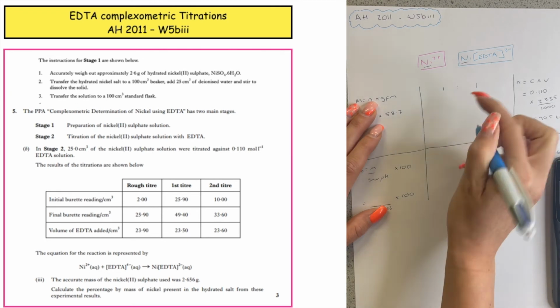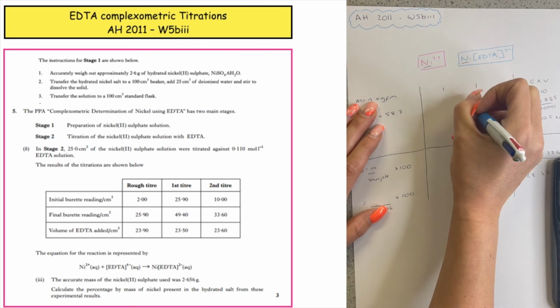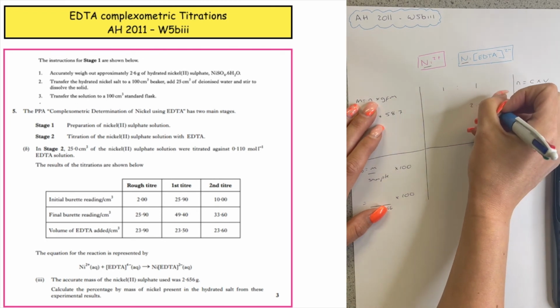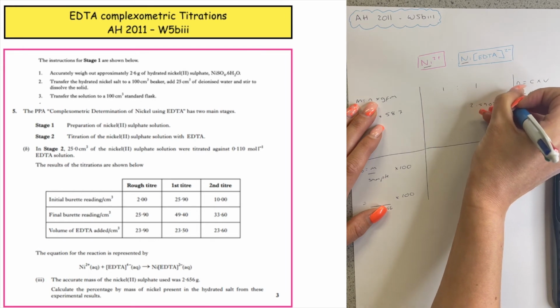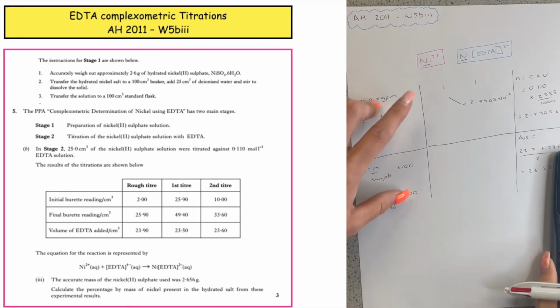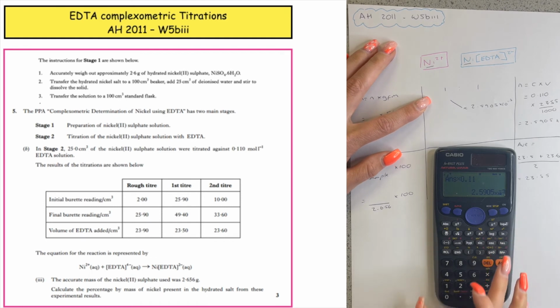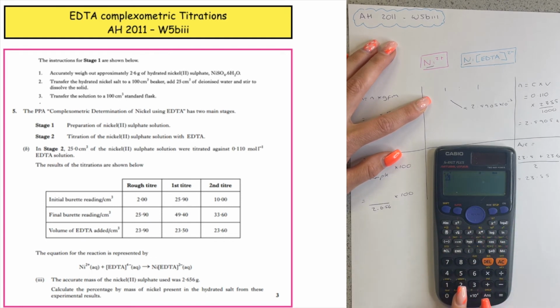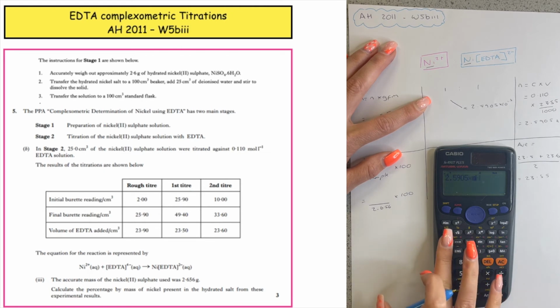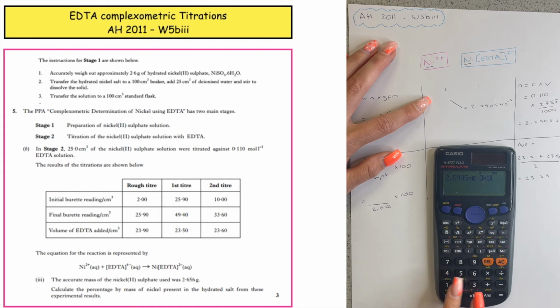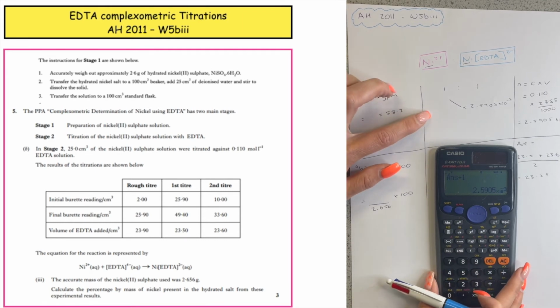This is the actual number of moles that reacted, so I need to put that in for my ratio. 2.5905 times 10 to the minus 3, cross multiply to scale for our nickel. So we would times by 2.5905 times 10 to the minus 3 times by 1, answer divided by 1, and it'll come out the same. So that's the number of moles of EDTA.